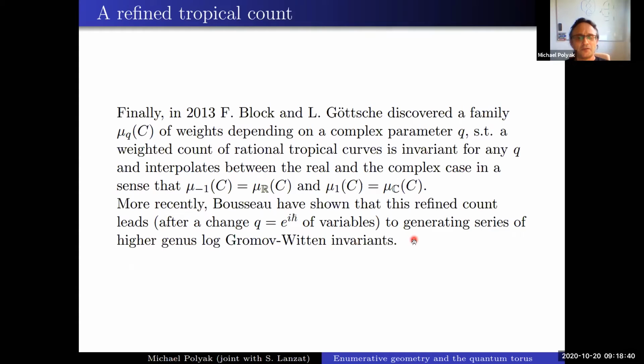So therefore, tropical geometry can be seen as a very powerful tool, which not only allows you to recover some known results, but also to get some new results, and all this in a rather simple combinatorial fashion.